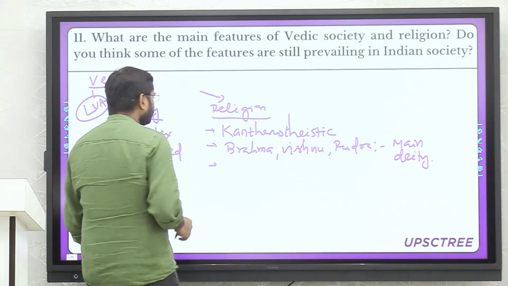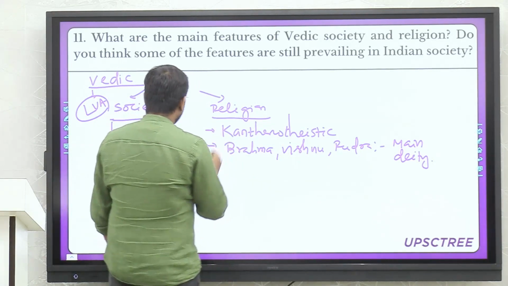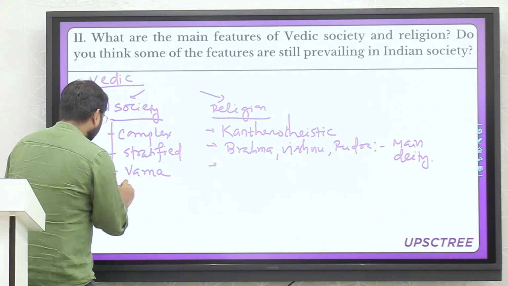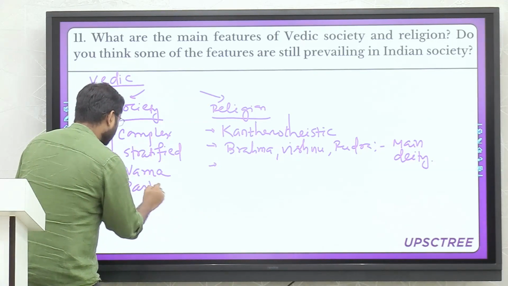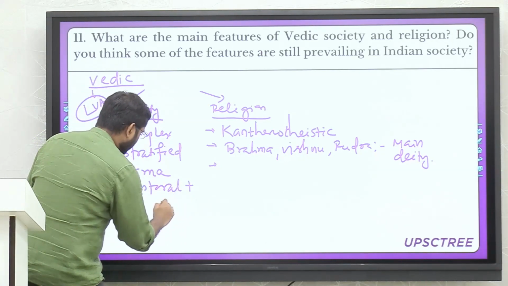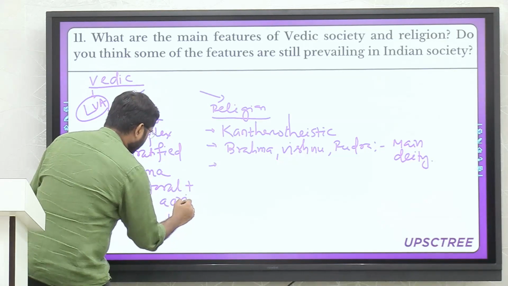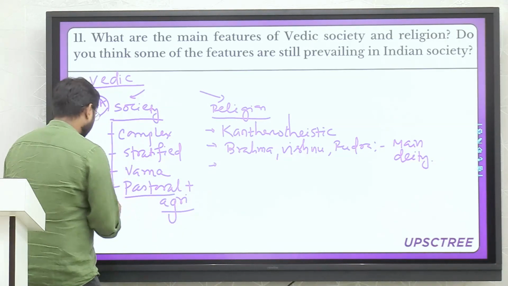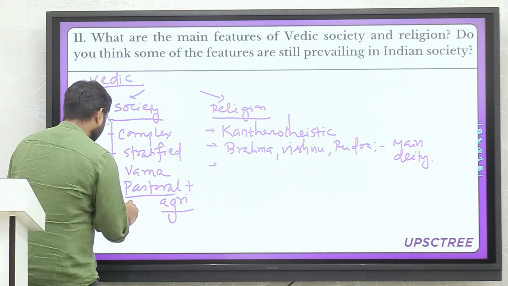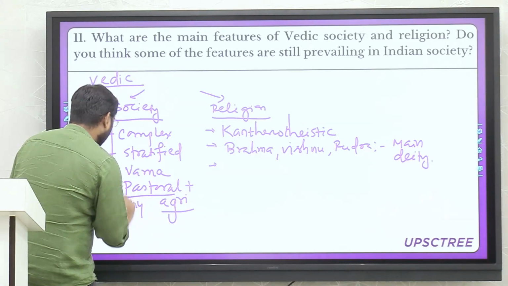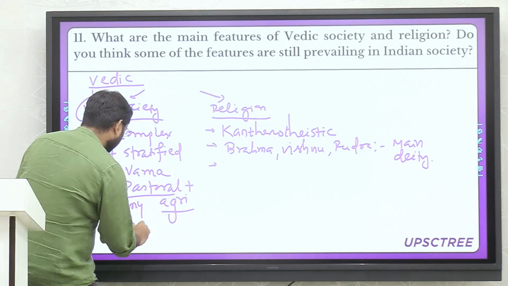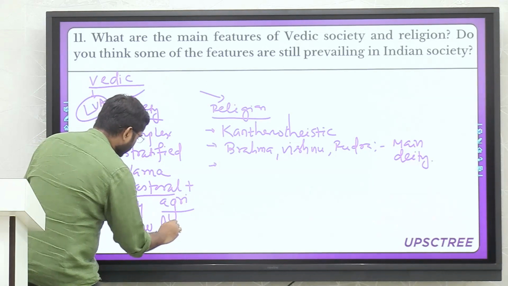Okay. And what else is there in religion? And here society was pastoralist plus agriculture, okay. The economy. They placed a lot of importance on two important animals, cow and horse.